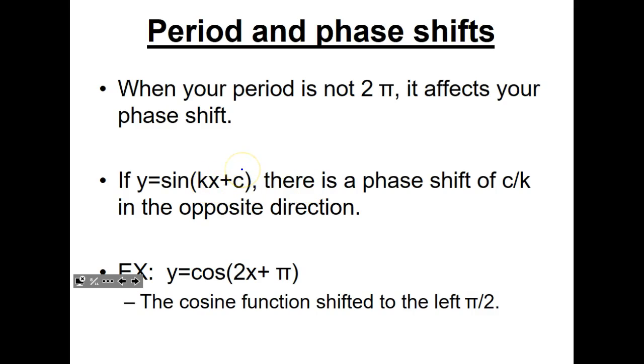To give you an example where it would not be the case, if I have sine of x plus 2, that is just to the left 2. But if I have sine of 3x plus 2, this is no longer left 2. This would be left 2/3. You have to divide by the number in front of your x.